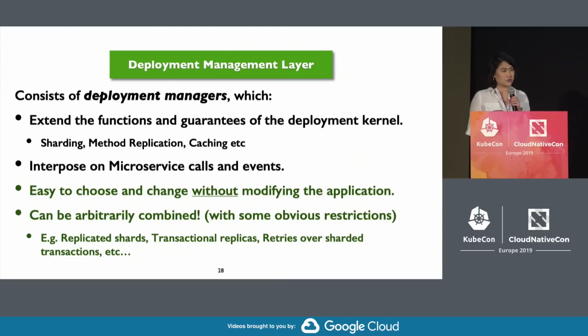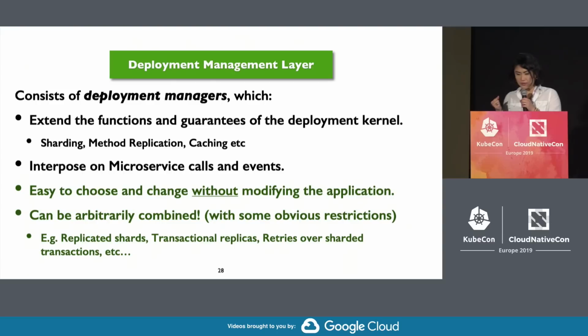Deployment managers actually work by interposing on RPC to and between microservices. They can create multiple copies of a microservice, and then every time that microservice receives a call, route the call to all of those copies rather than just one.